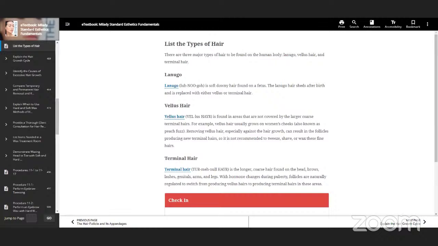Mostly everybody is born with lanugo hair. Okay. And you ever heard them say, downy fine hair feels like the baby's behind? That's lanugo. All right. Lanugo is soft, downy hair found on a fetus. The lanugo hair sheds after birth and is replaced with vellus or terminal.